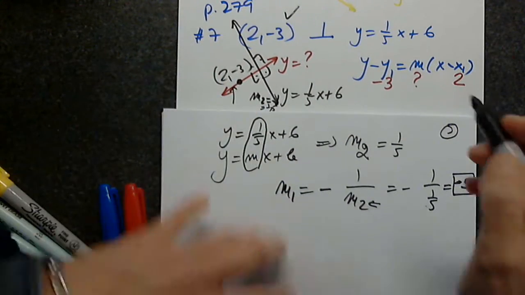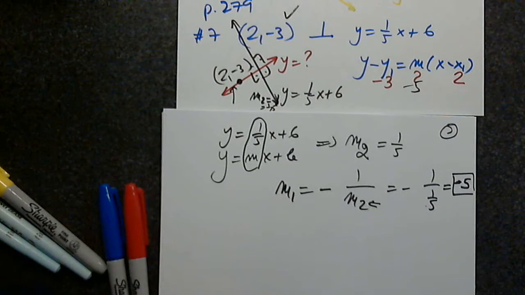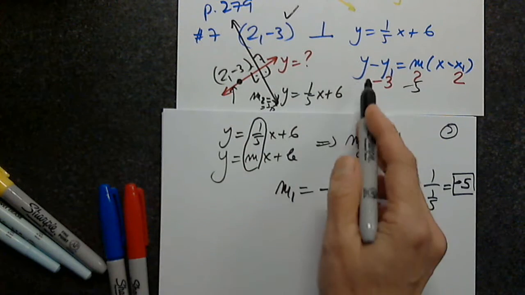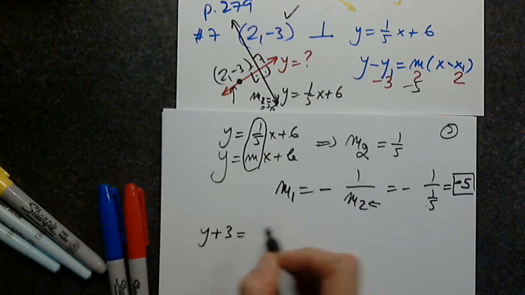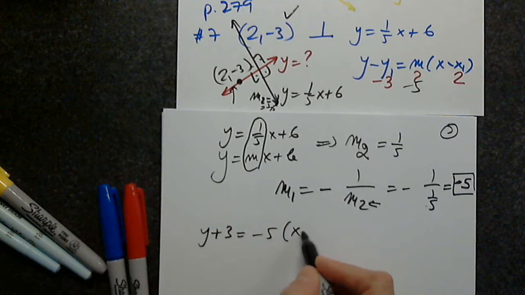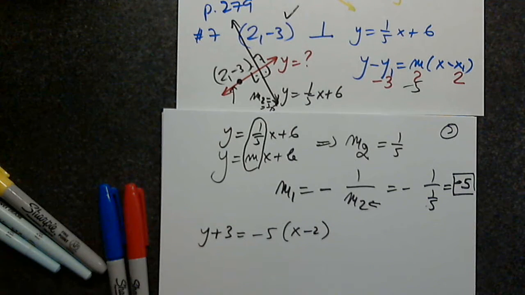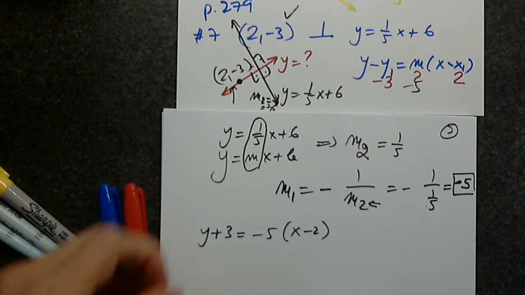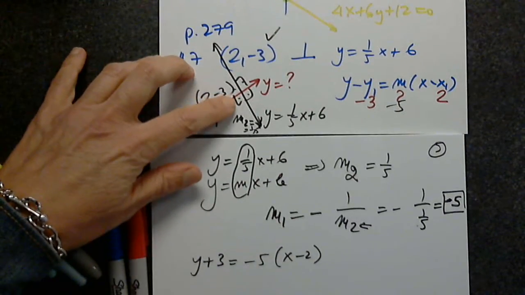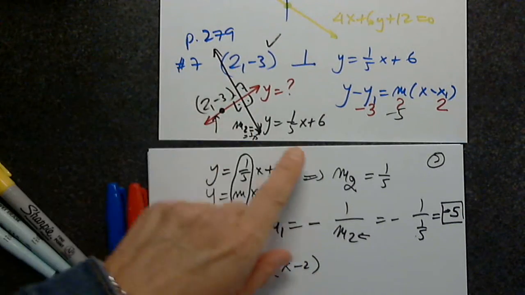So therefore, our equation is this. y plus 3 equals negative 5 times x minus 2. So the slope was given to us indirectly, by simply telling us that the unknown line is perpendicular to this line.